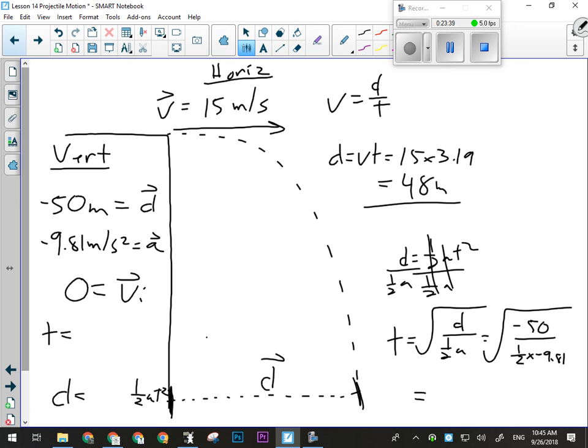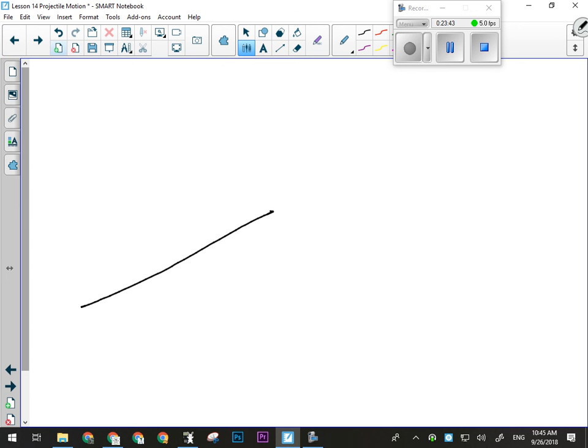Okay, so we're going to look at a couple of other examples here, but we'll look at now what happens with something projected at an angle. If it's projected at an angle like this, let's say it's 30 degrees, then it's moving upwards and it's moving horizontally. Agreed?